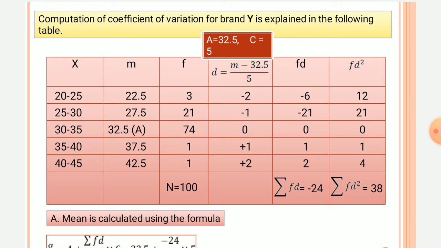Then find the sum of fd square, fd and n, means sigma f. Here sigma fd square is equal to 38, sigma fd is equal to minus 24, and n, total frequency, is 100.